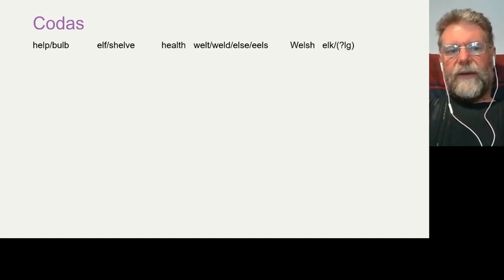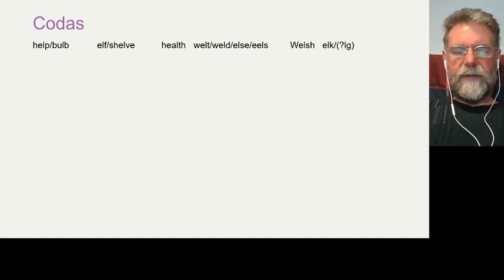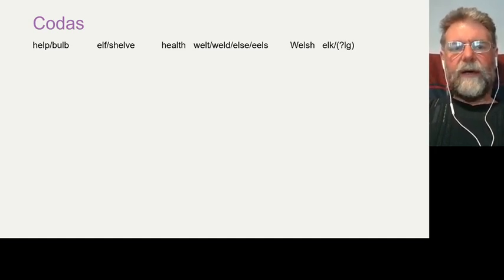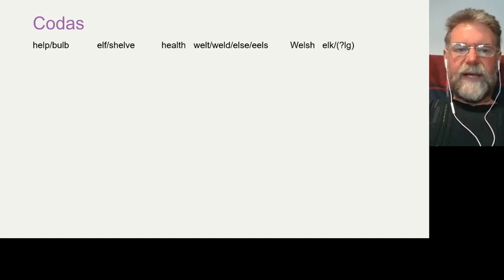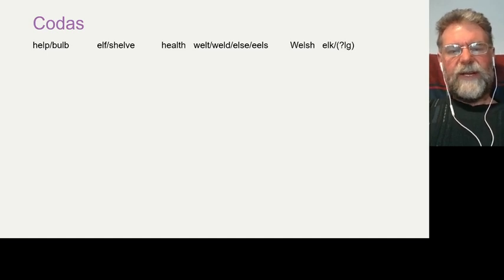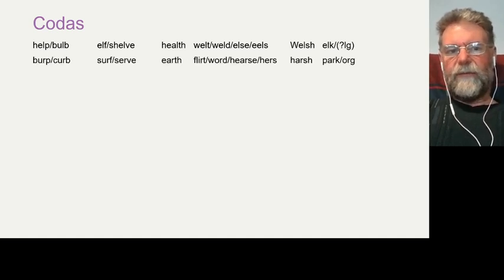Of the other approximants, we know that you don't get w or y in the coda anyway, so that's not going to be a possible combination. Now the r is limited because you only ever get r in the coda with certain accents, but in those accents where they do allow the r in the coda, you get virtually exactly the same kinds of possibilities.